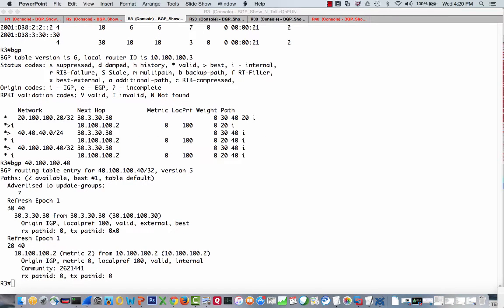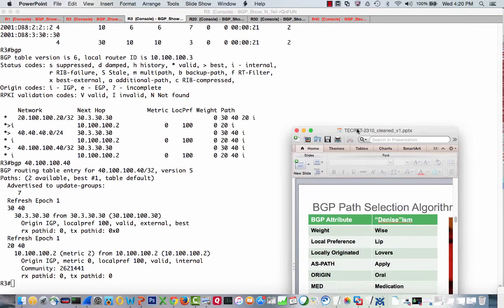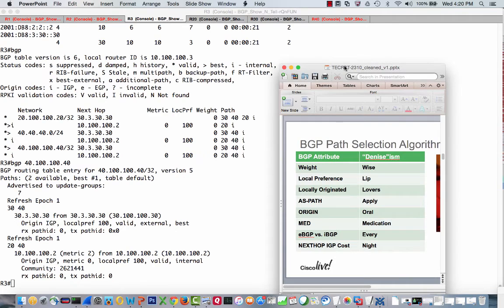So I'm going to go ahead and bring this up alongside. I came up with this silly thing because I'm not good at memorization, so I have to come up with little tools. The BGP best path decision-making algorithm has some other stuff in play. However, it is weight, local preference, locally originated, AS path, origin, MED, eBGP versus iBGP, next hop iBGP cost, IGP cost.